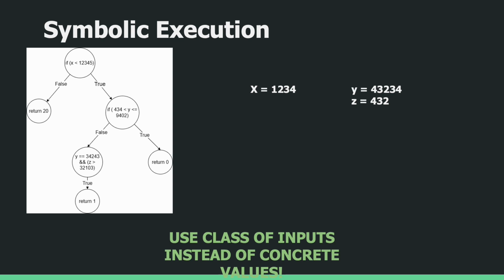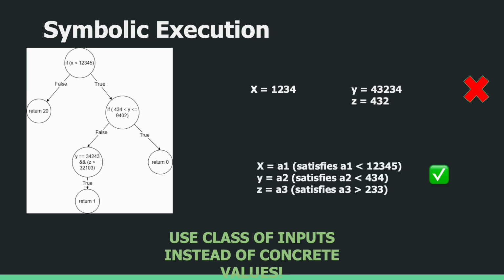Now, for example, let's say the value of variable x is 1, 2, 3, 4, y is 4, 3, 2, 3, 4, and z is 4, 32. What symbolic execution does is it ditches all of these variable values, it just crosses out all these values, and instead it defines x as a symbolic value a1, y as a symbolic value a2, and z as a symbolic value a3.